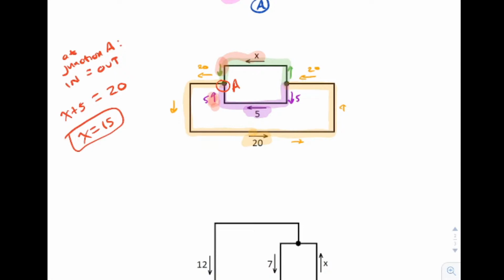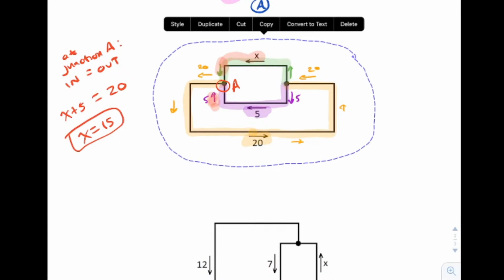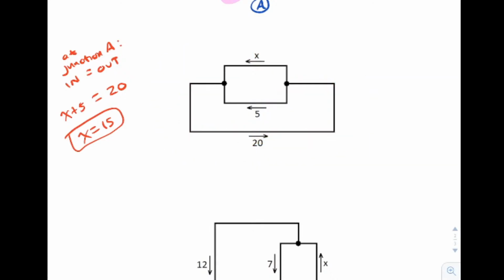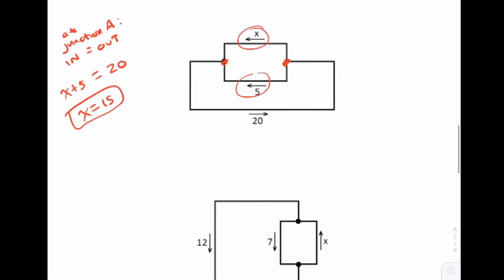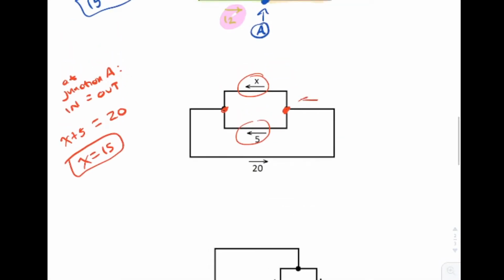So now that I wrote all that scribble stuff all over this thing, you may have this in your notes, or besides, you can rewind. I'm going to get rid of that now, and just take another look at this. From here to here, I got 2 flows going to the left, and again, we know that this must be 20 coming in and 20 coming out.